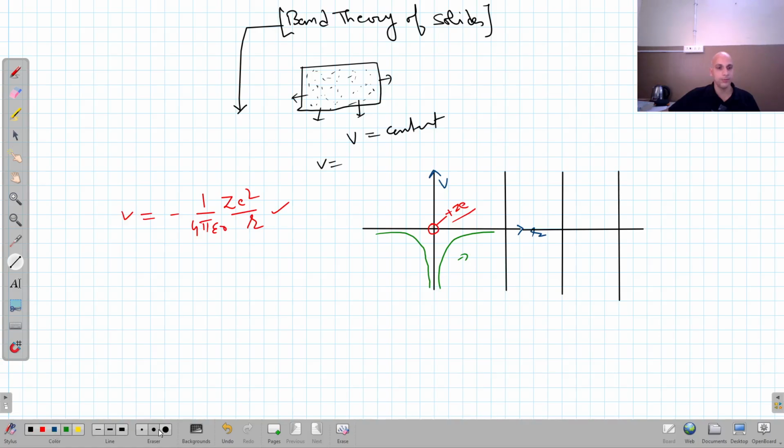You can see here, all these are positive ion cores, again plus Ze, plus Ze, plus Ze. So what you will get? You will get this type of graph there, this type of graph. Similarly, this one will become like this.